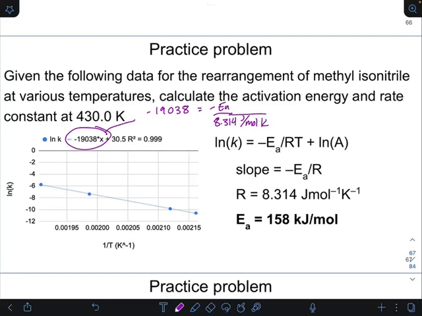You multiply 19038 by 8.314, and divide by 1,000. I'm hoping you get 158 kilojoules as your answer. You might be wondering, where does the Kelvin go? The Kelvin gets canceled out with the fact that we're plotting 1 over T.